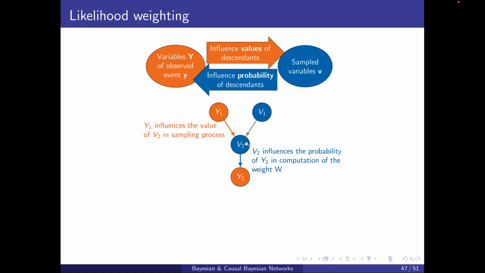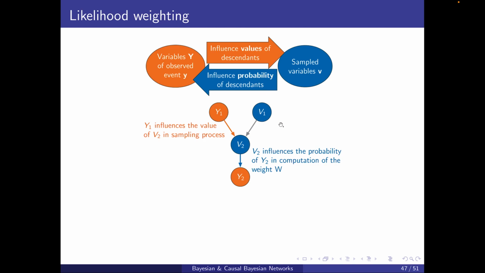In the CPD, I only have the sampled value of Y1. Now, what about V2? How does this one influence the observed events? Well, it doesn't impact the event itself. If I have set the value of Y to be Y0 or Y1, we cannot change that, but it impacts the probability or the weight of that variable.